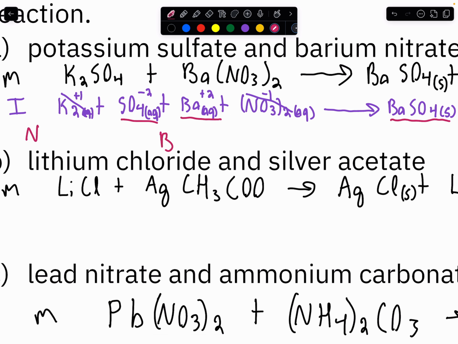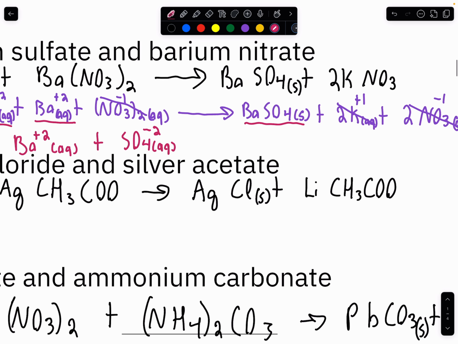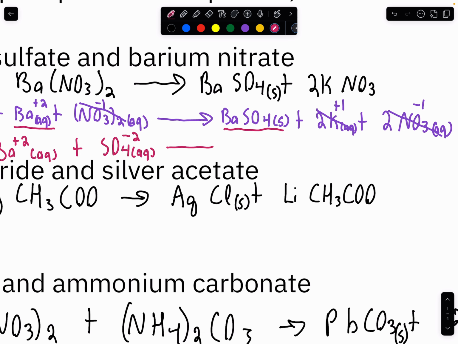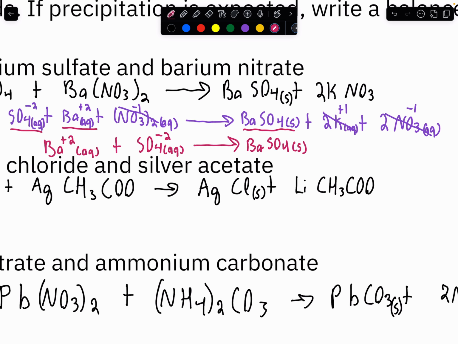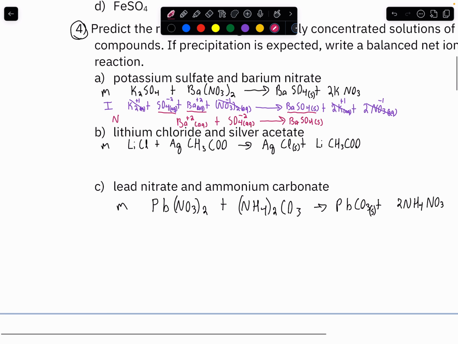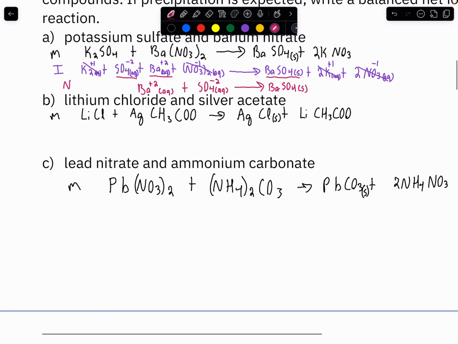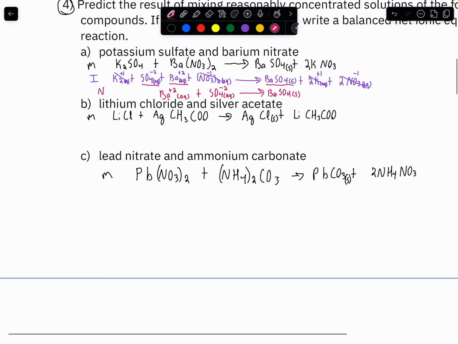So I'm going to write Ba +2 aqueous plus SO4 -2 aqueous gives us our barium sulfate solid. And then we just continue to do that with our other equations.